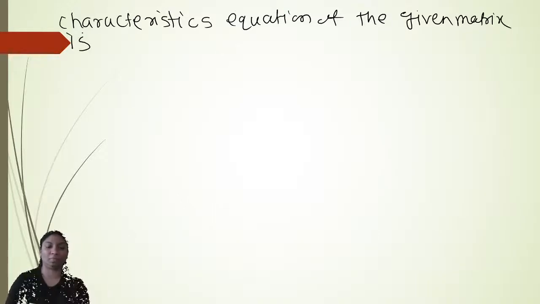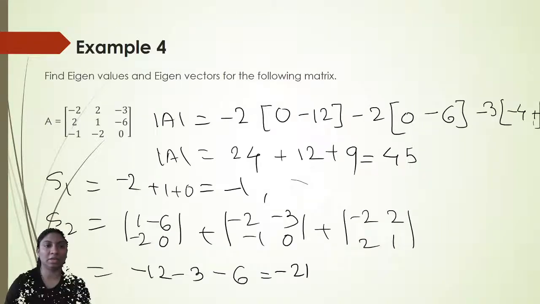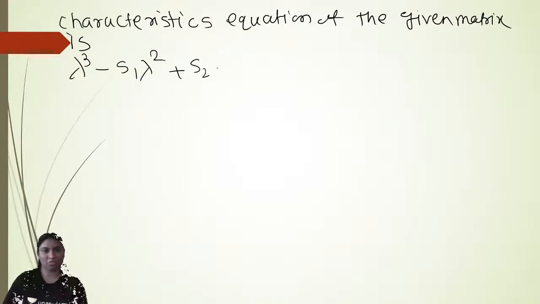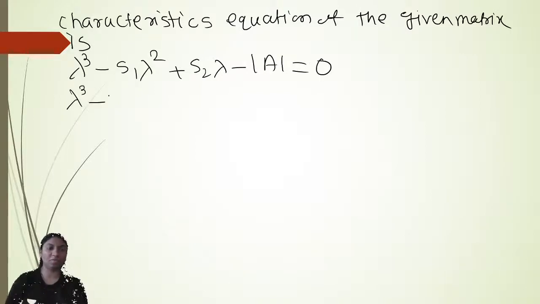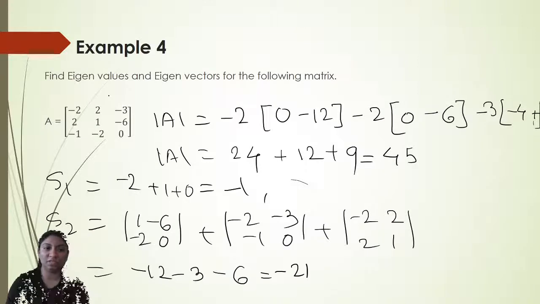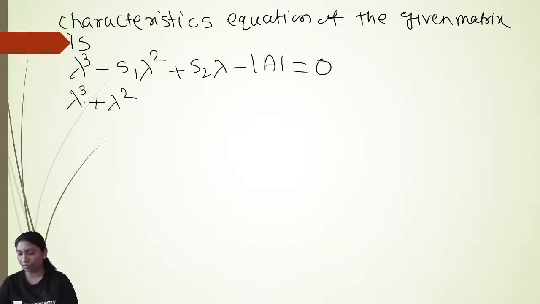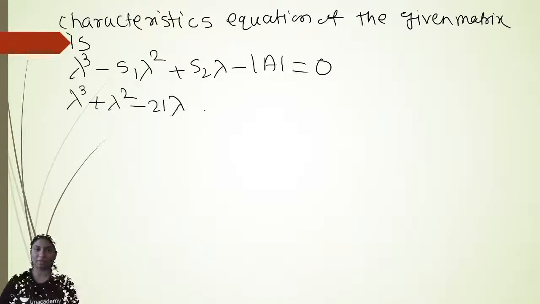The characteristic equation of the given matrix is lambda cube minus S1 lambda square plus S2 lambda minus determinant of A is equal to 0. So lambda cube minus S1, the value of S1 is minus 1, so plus lambda square. Okay, so the value of S2 is minus 21 lambda and minus 45 is equal to 0.